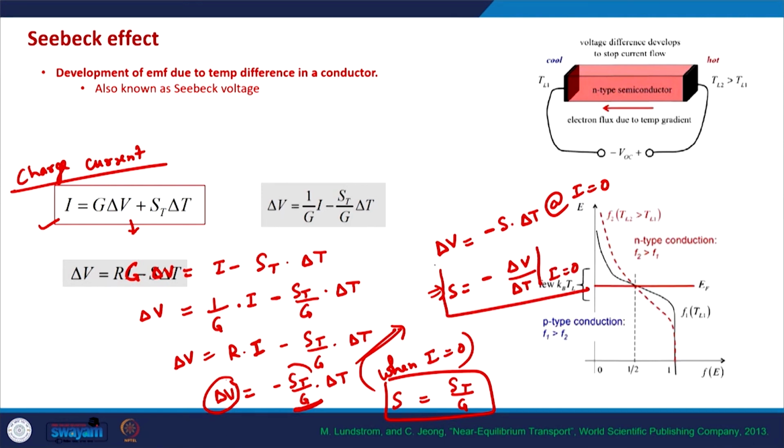This is the formal definition of the Seebeck coefficient: the ratio of the voltage difference to the temperature difference when the current in the circuit is 0. When we have a temperature difference delta T across a conductor, a voltage difference delta V will be produced when the conductor is open circuited, and the ratio between delta V and delta T, with a negative sign, is the Seebeck coefficient.